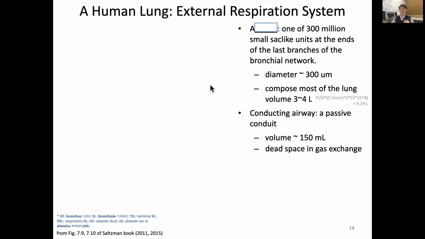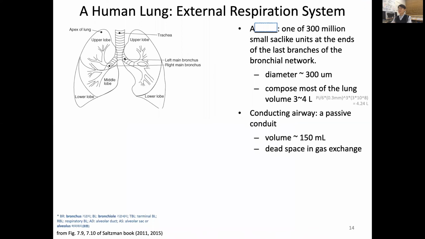So let's consider our lungs, which are the external respiration system. We have a trachea, which comes from our mouth or nose. This trachea is so important that you can touch it and feel how strong and stiff it is.